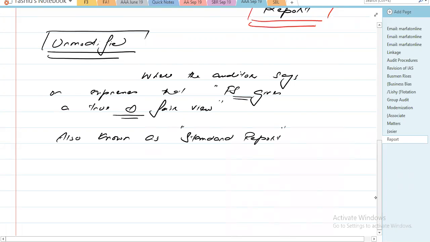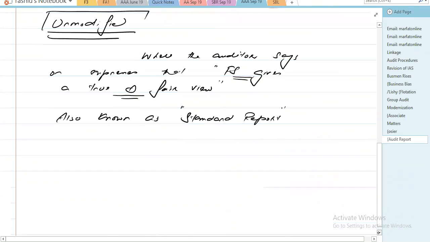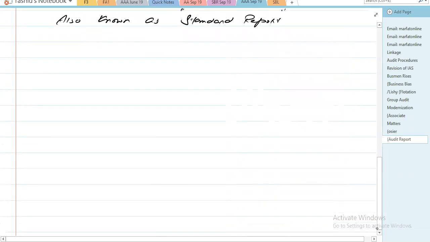You see, there are two types of the audit report. The unmodified report, that means where the auditor is going to express that the financial statement gives a true and fair view, and this is also known as the standard unmodified report. Now the next thing is the modified report.